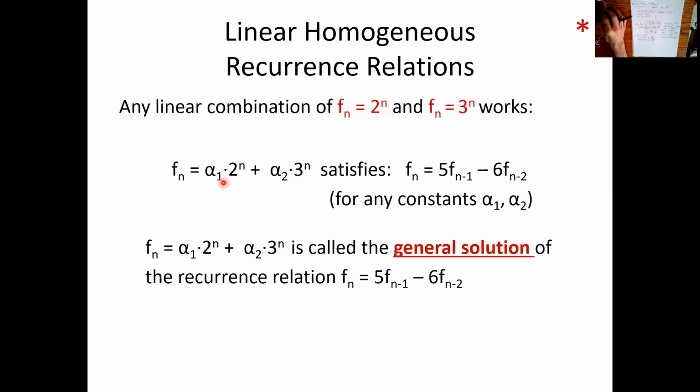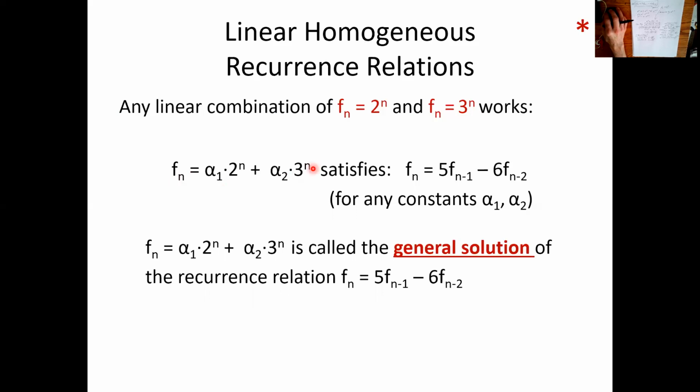To get that one, alpha 1 is 0 and alpha 2 is 1. But you can have any linear combination, so alpha 1, alpha 2 could be 1 and 1 or 2 and 10.